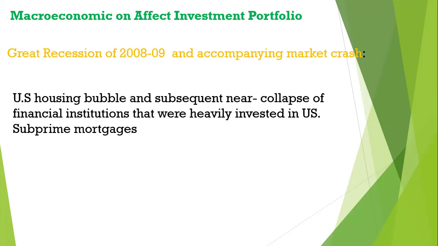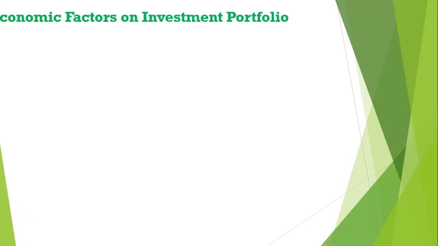Because some of these institutions were heavily invested in US subprime mortgages. So it was the housing bubble that caused all that problem. So how did the macroeconomic correct it?